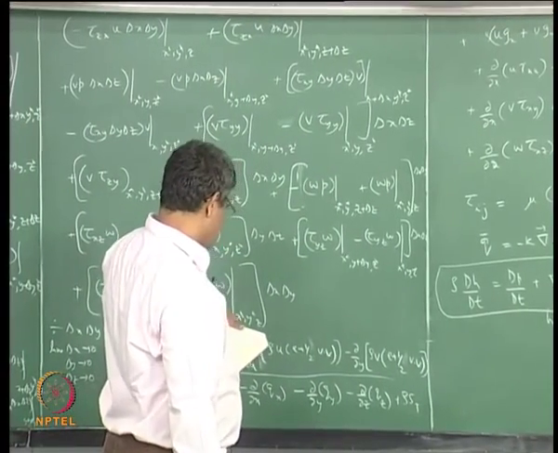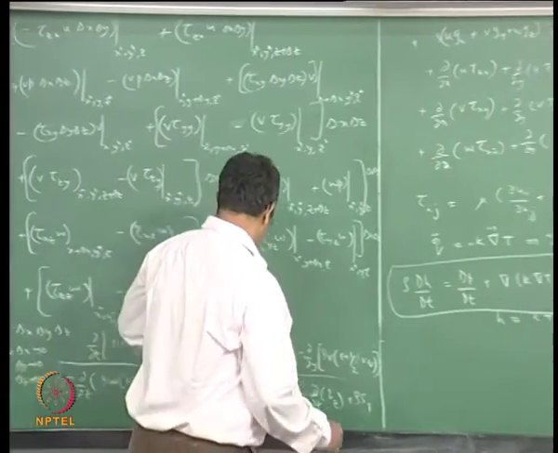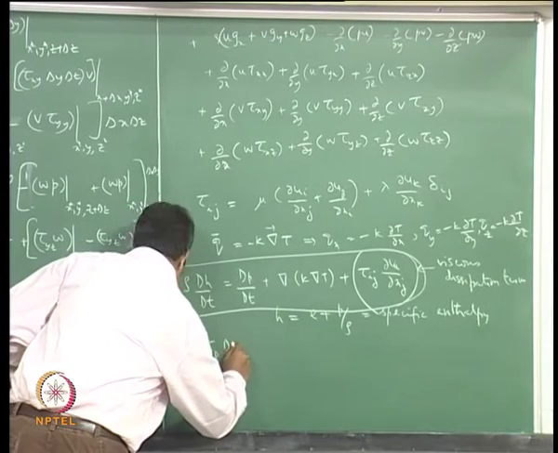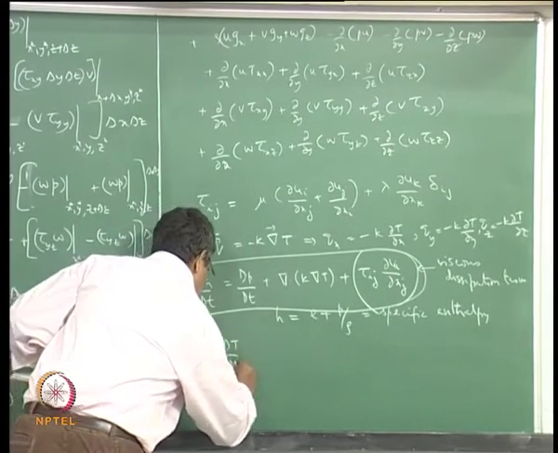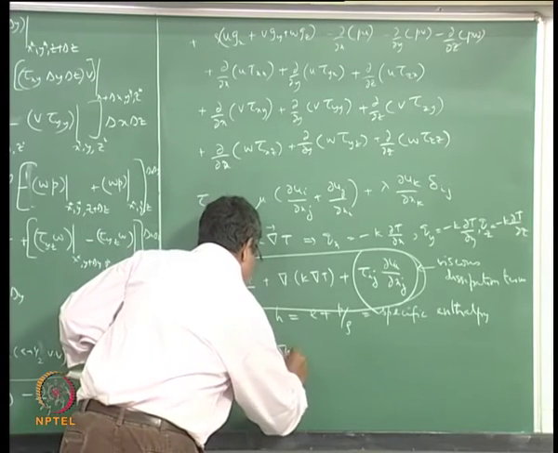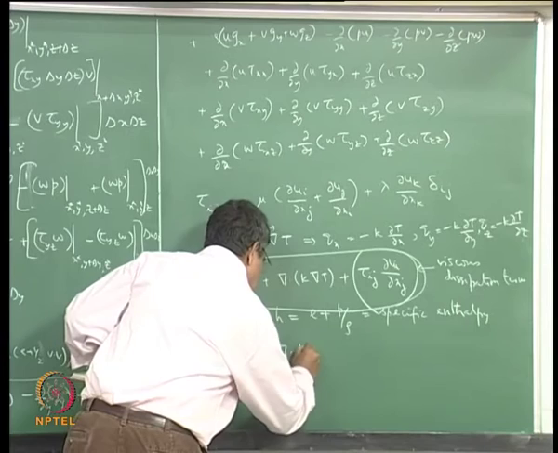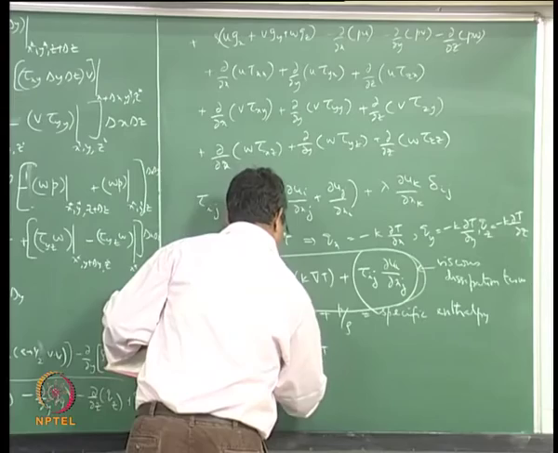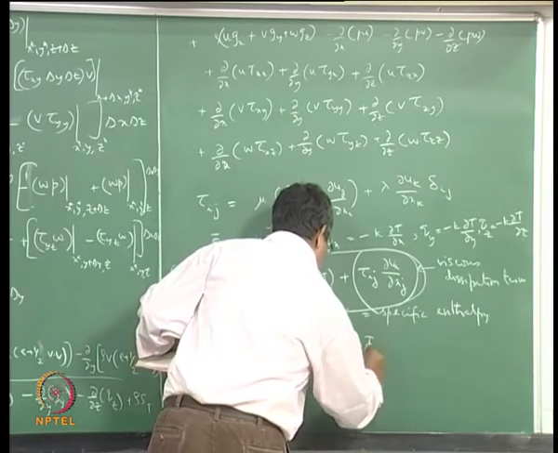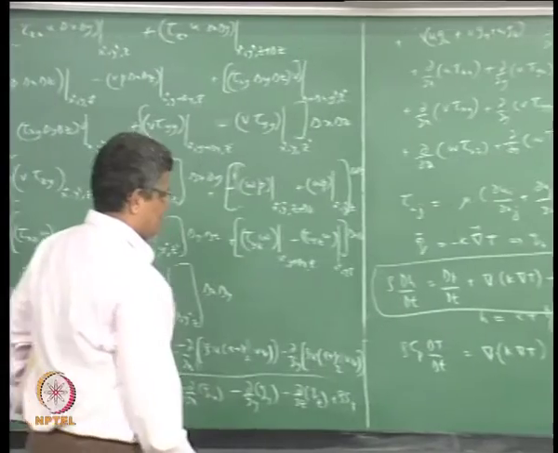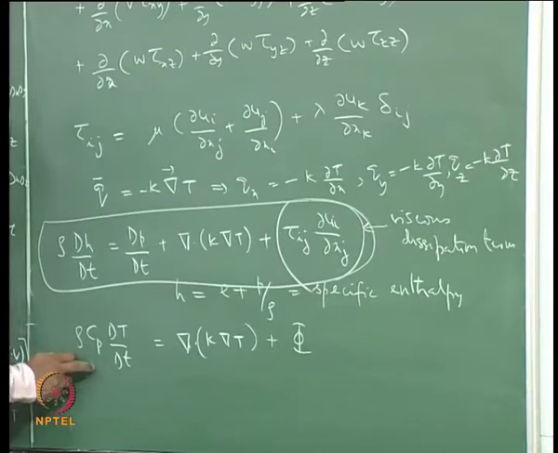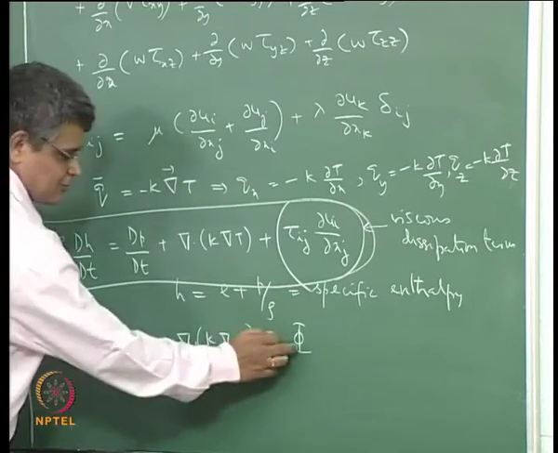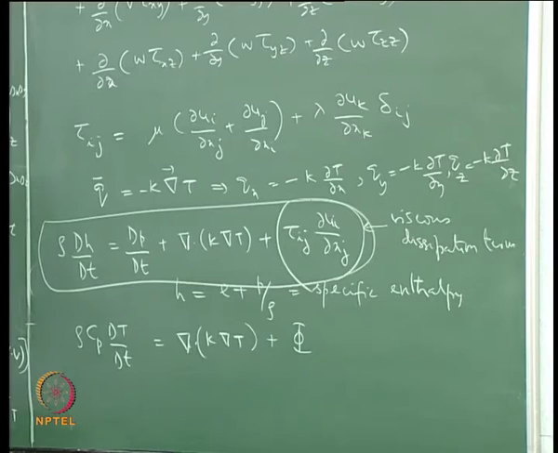And for cases with constant density, we can write this in a simpler form, where ρCpT will give us the enthalpy essentially, k is the thermal conductivity, and this is the viscous dissipation term.